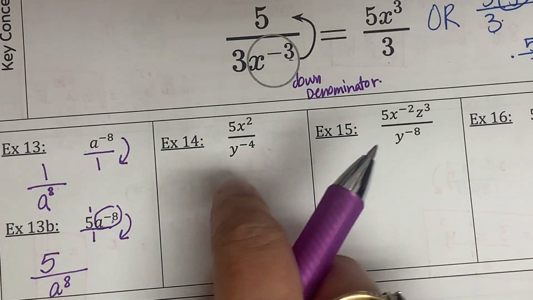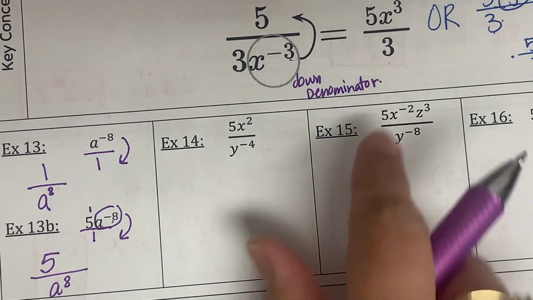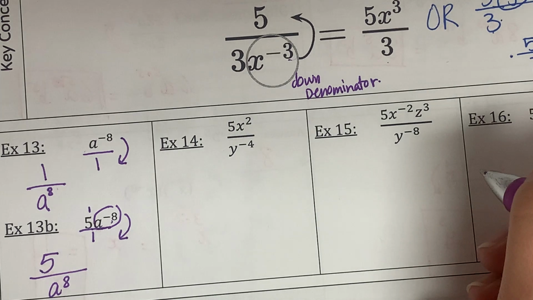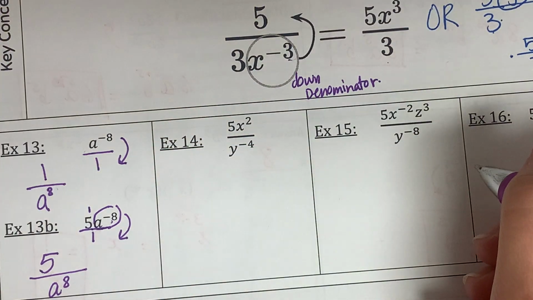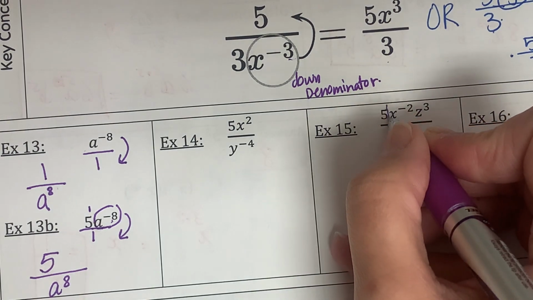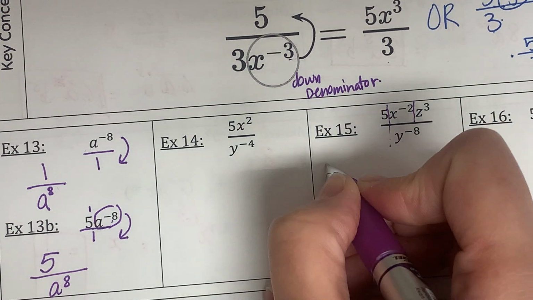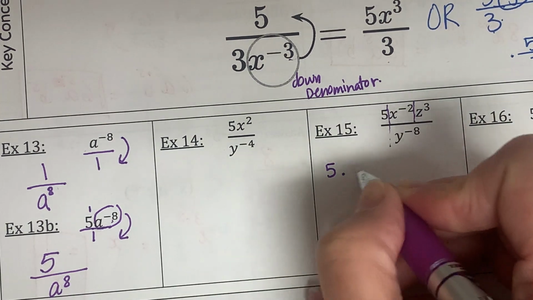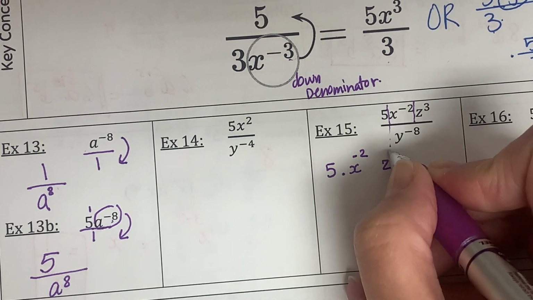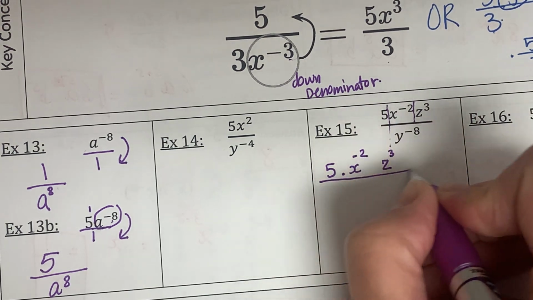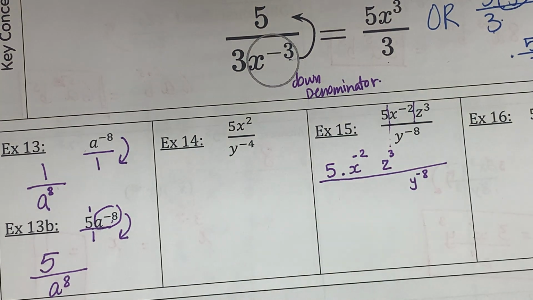You should be able to do number 14 example by yourself because it's very easy. I will help you with number 5. So first, if it's difficult for you to see the things, separate them out, cut them apart. So I can actually cut here, here. So 5, I'm just gonna put them separately, and then I'm gonna separate x2 here, and then z3 here. Draw the line, and I'm gonna put y -8 here.